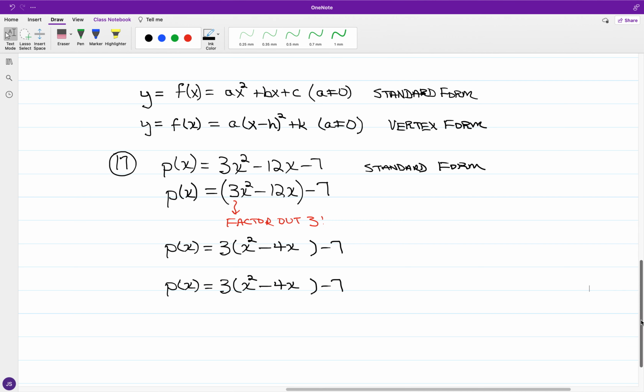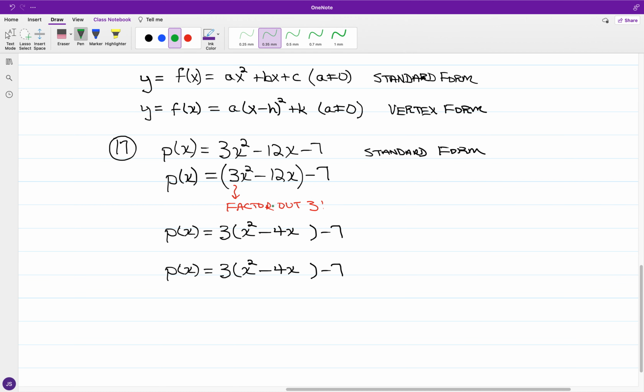For completing the square, CTS for short, the first term in the parentheses is x squared, and we look at the coefficient next to the first order x.